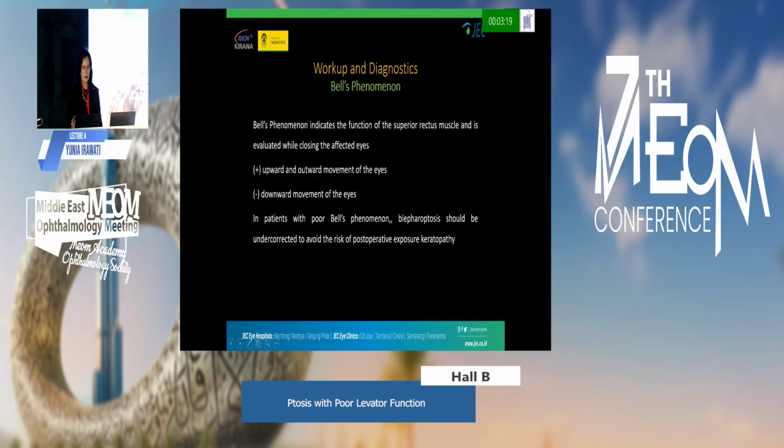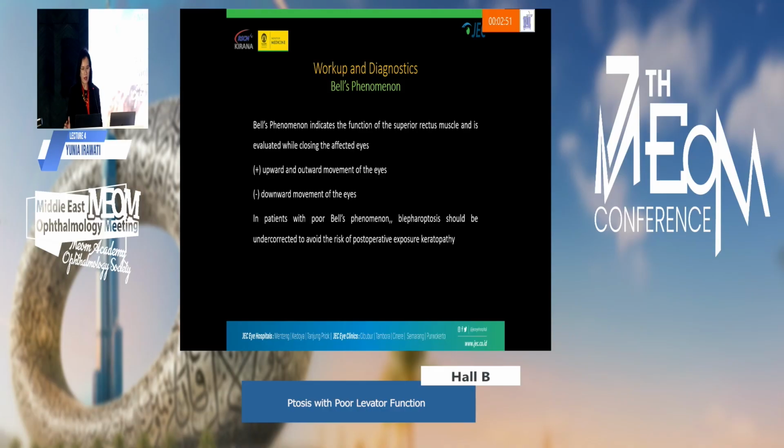And the Bell's phenomenon is very important if we want to correct it, because some patients don't have a good Bell's phenomenon. Usually in 70% it is an upward and outward movement, but in some cases, maybe around 20%, they have a downward movement.